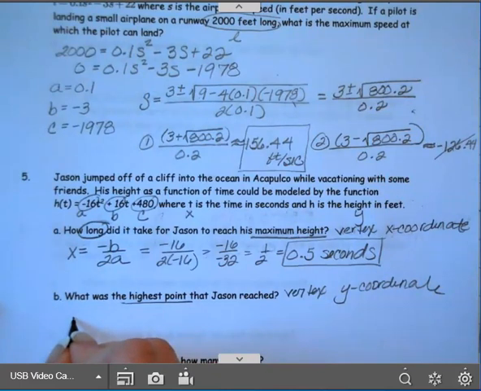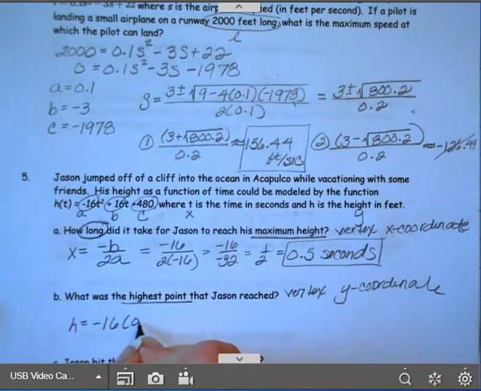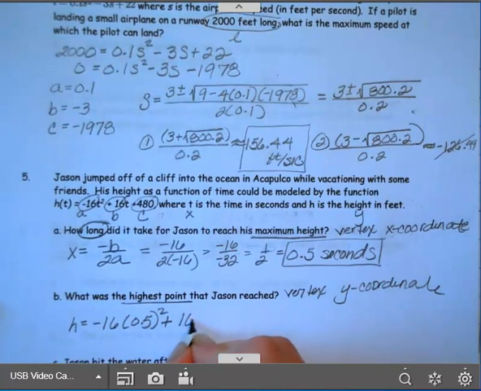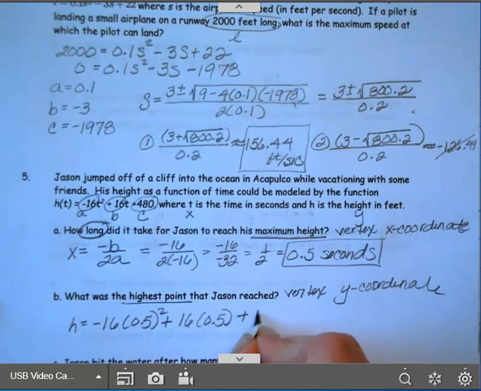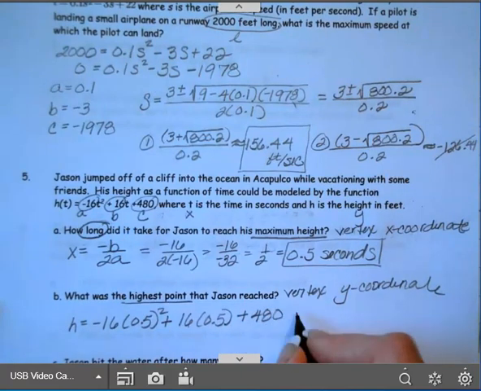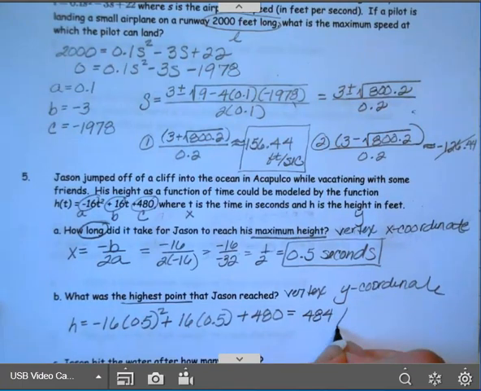So my y value, or my height in this case, is negative 16 times 0.5 squared plus 16 times 0.5 plus 480. Enter that in the calculator and you should get 484 feet.